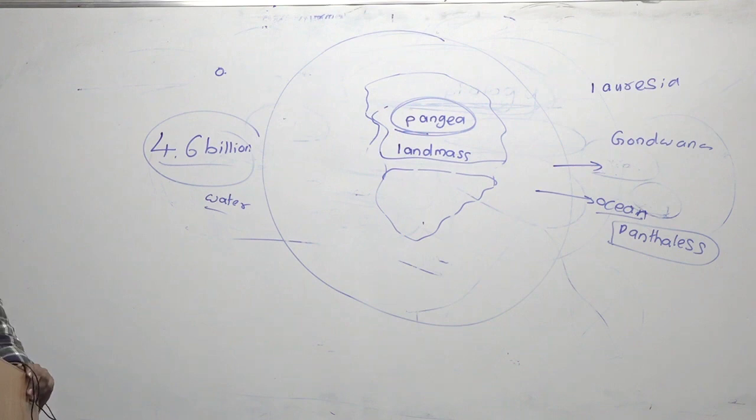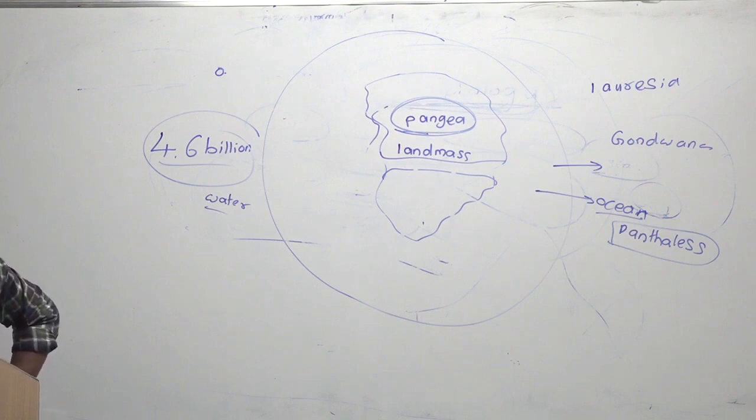It was believed that once upon a time, all the continents, or the entire landmass, were present at one position, which is called Pangaea.